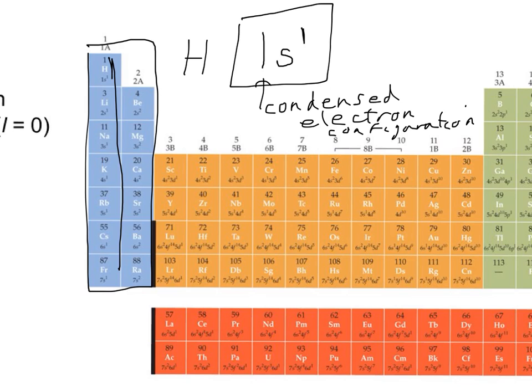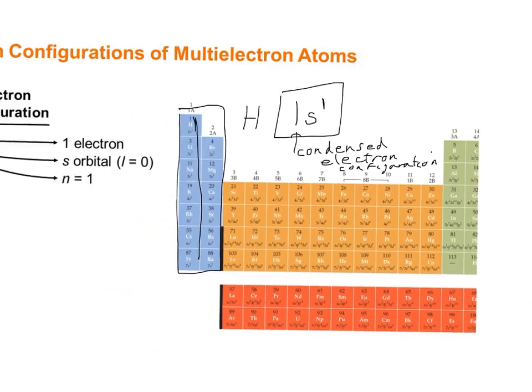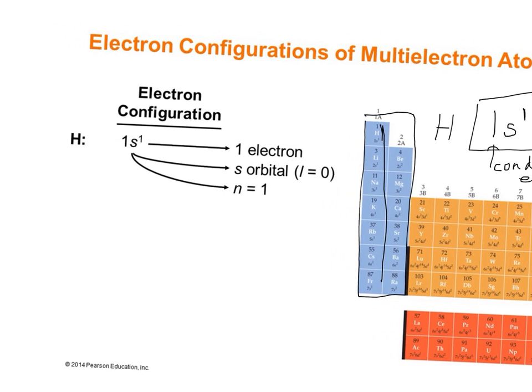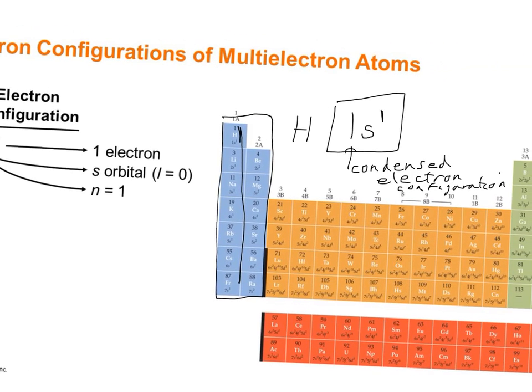When you do a condensed electron configuration, you write the energy level number first, then you write the sublevel right next to it, then you say the number of electrons in that sublevel. And you always write the number of electrons as a superscript, and that superscript always goes on the right-hand side. So that's hydrogen. What about helium?